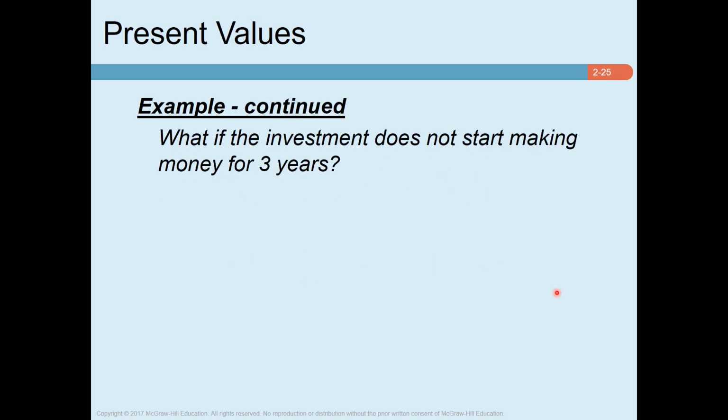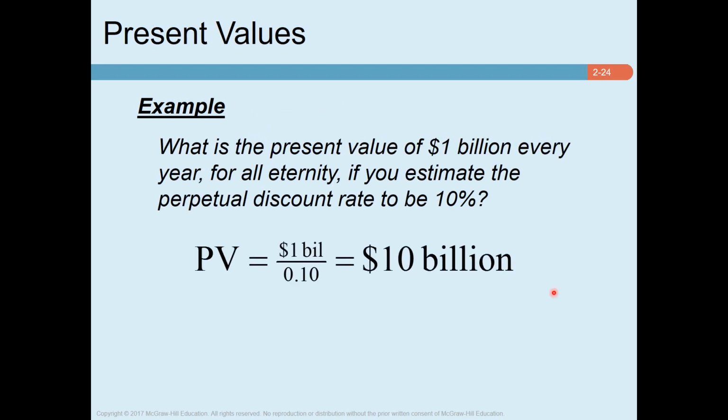Now, sometimes this perpetuity can start at a future period rather than at the immediate period. So in our previous example, 1 billion is a periodic cash flow and we are dividing it by the discount rate to get the present value. It is impliedly assumed that the cash flow starts in year 1.